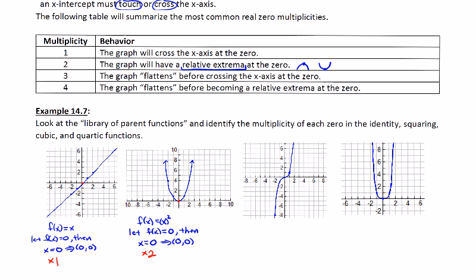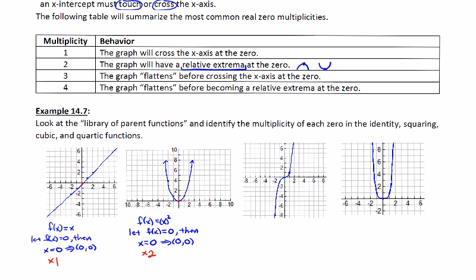So here we just have a basic parabola, and you can see that we have a relative minimum located at the origin for that squaring function. Not crossing, but we are touching at that point, and we have a relative extrema. This is what a multiplicity of 2 is supposed to look like.